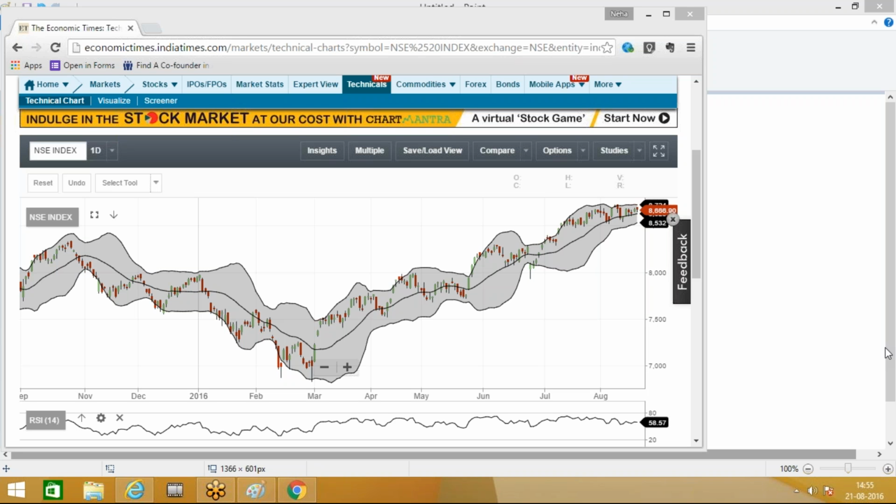So you study a lot of things from a macro point of view, how the monetary policies and the economic scenario and the GDP and everything is impacting banking as a sector. Which are the sectors where the banking is having maximum exposure. So for example, if steel is where the banking money has gone in, how the steel industry is performing or is about to perform in the near future will also impact your balance sheets going forward. So there's a lot of study that happens from the macro point of view.